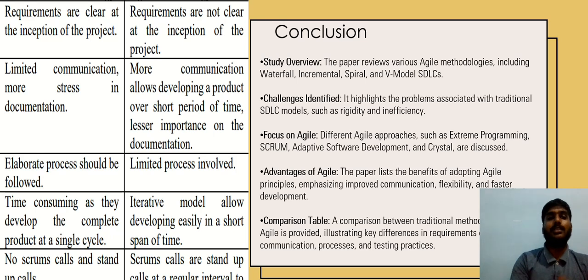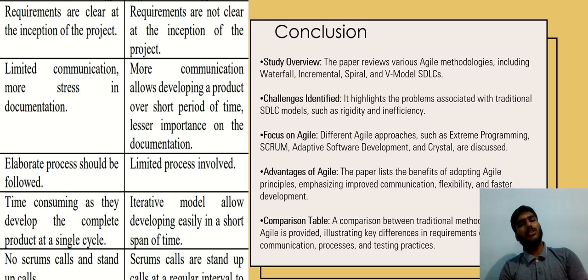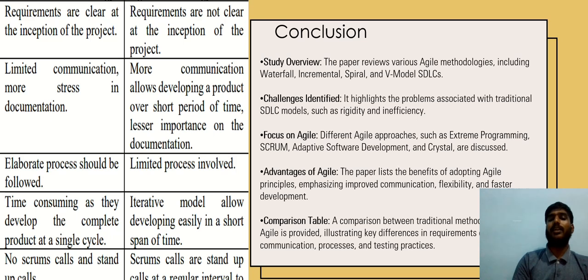Comparison table: you can see on the left side of your video the comparison table of traditional methodology and agile methodology, right? This comparison between traditional methodologies and agile is provided, illustrating key differences in requirements, clarity, communication, processes, testing practices, and overall many more things.